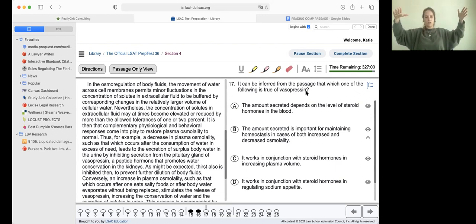So we have that prediction, and now let's go into applying that prediction to these questions. So vasopressin increase, if it's released, we get thirsty. If it's inhibited, we're not thirsty, it stops thirst. So think about that, predict an answer here, and then come back, and then in a couple seconds, I'll show E.